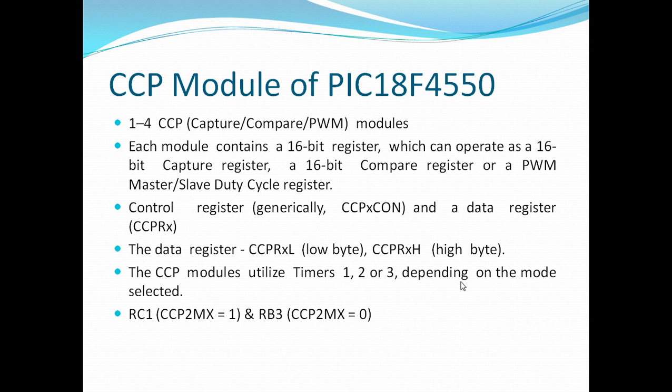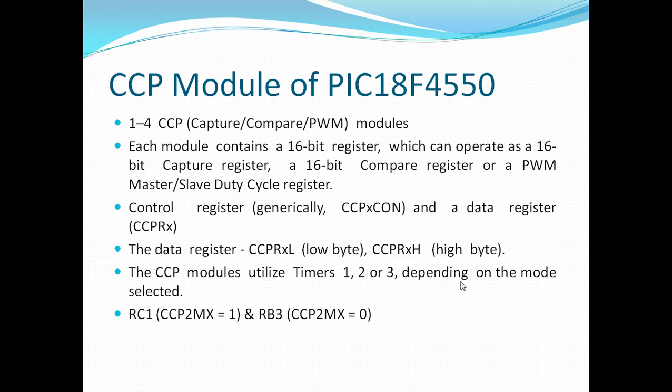So the CCP1 module will have the CCPR1L lower byte register, and the second register is CCPR1H, the higher byte register. This CCP module uses timer 1, timer 2, and timer 3.